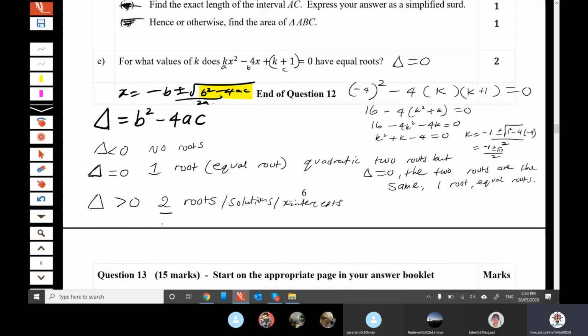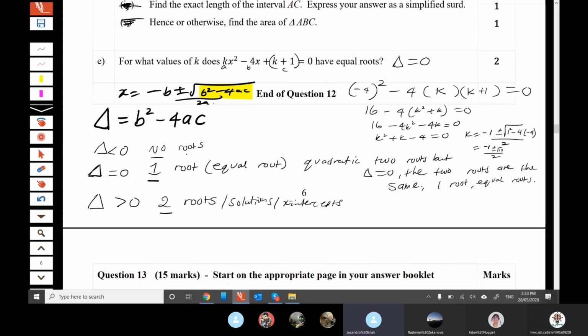What about that? Lovely. The thing is, even if you're trying to solve this first one here, you're going to get answers, aren't you? You're going to solve for k. The idea is, what letter are you solving for here? No roots, 1 root, 2 roots. What letter is this for? Delta. No. What letter?